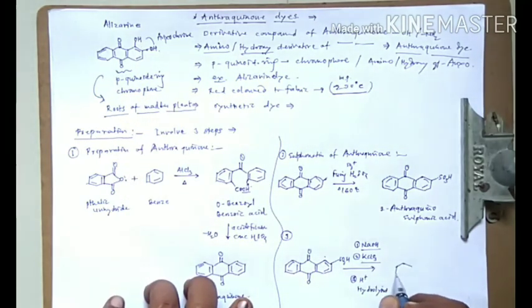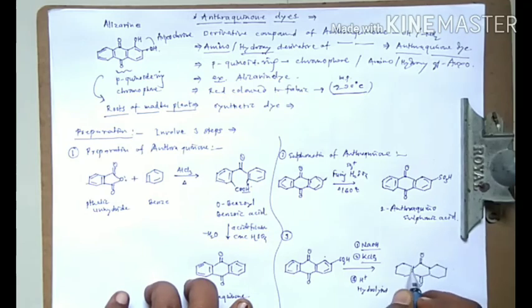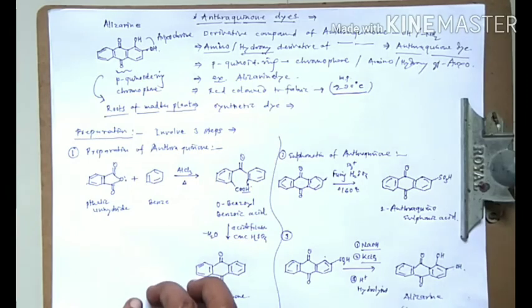So directly you can write, here it is the alizarin compound. This is the paraquinonoid ring with the benzene ring as it is. Here it is position one with the OH and second position with the OH, and this is the alizarin dye, which is ruby red in color.